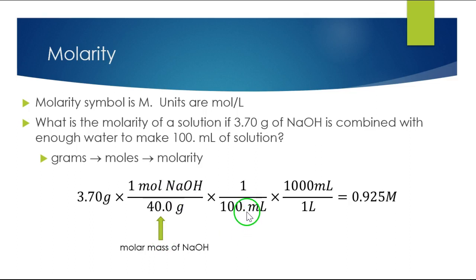Then I divide by the volume, and dividing is the same as multiplying times 1 over, and then multiplying it by a factor to change the milliliters to liters. And this comes out to be 0.925 molar. So when we talk about a concentration of a solution in chemistry, we'll often say it's a 1 molar solution, or a 2 molar solution, or a 0.925 molar solution. Molarity is used all the time in chemistry.